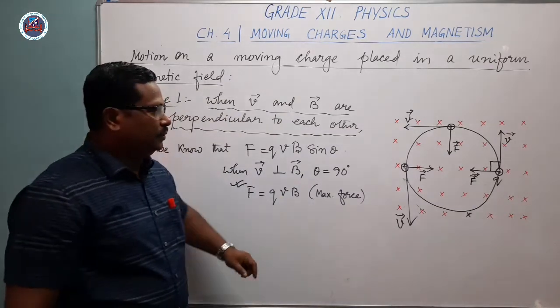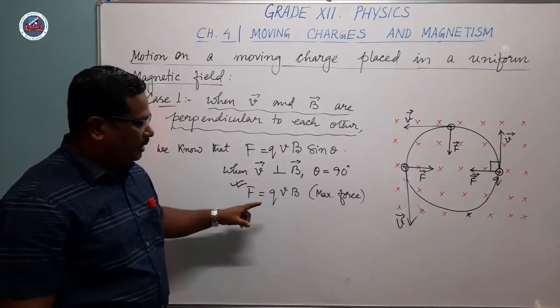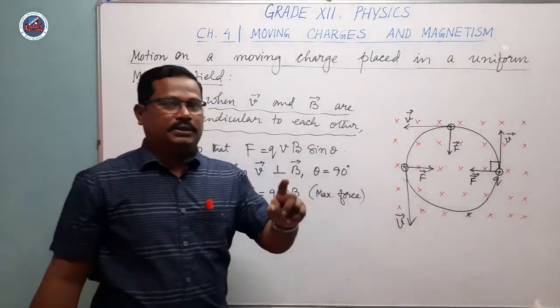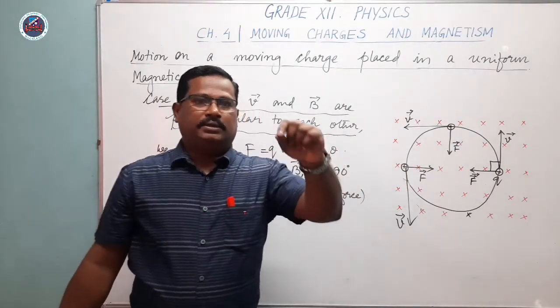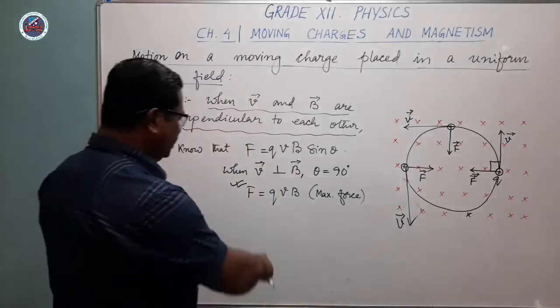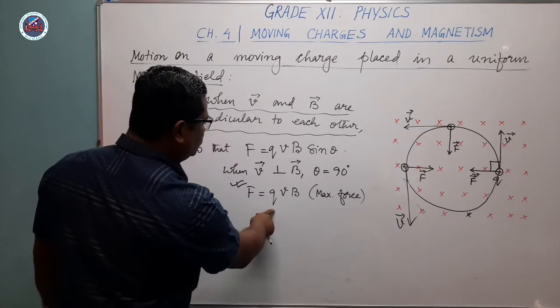So what you have to know is that when V and B are perpendicular to each other, the charged particle experiences maximum force and it will travel in a circular path. So the magnitude, you know now, and the direction. I'll write down here: F is QVB.